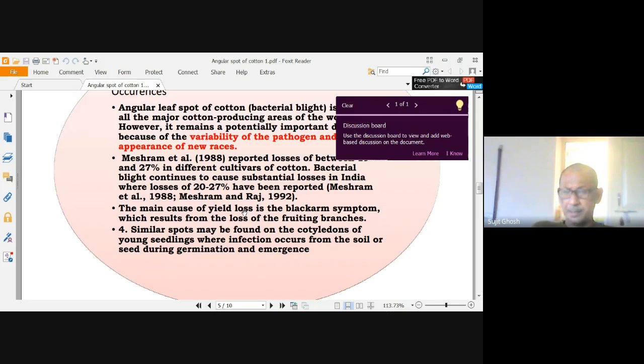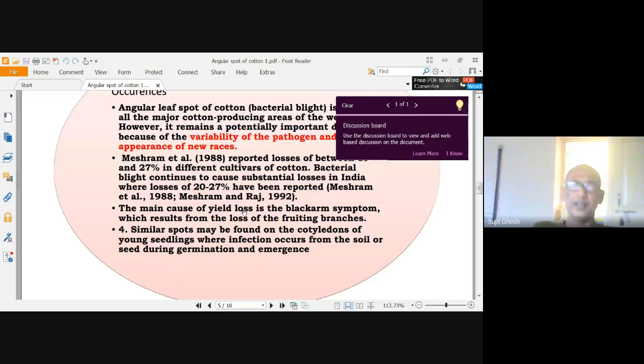It mainly destroys the branches which produce the fruit, and within the fruit the seed resides which has the cotton fiber. So this is a substantial loss of yield, because a branch will produce a large number of flowers and fruits later on.